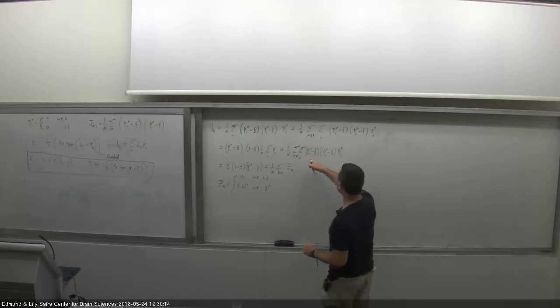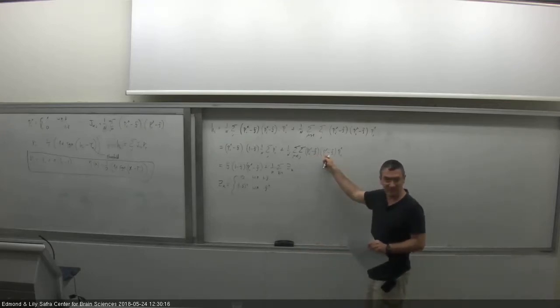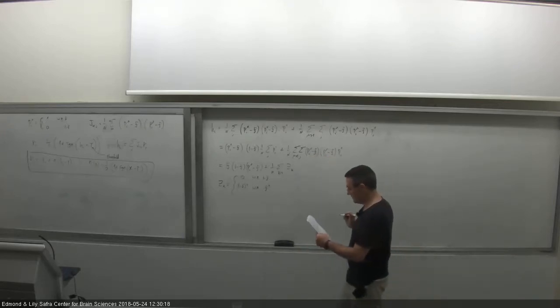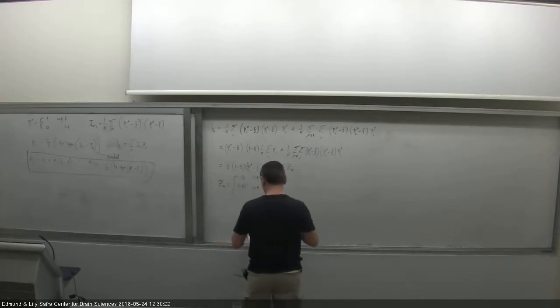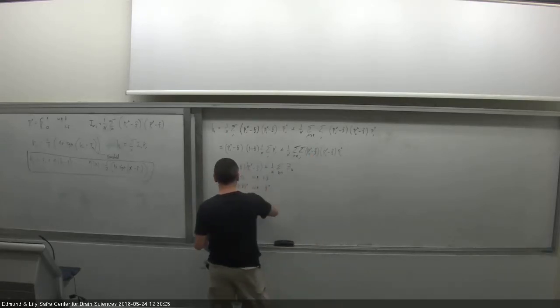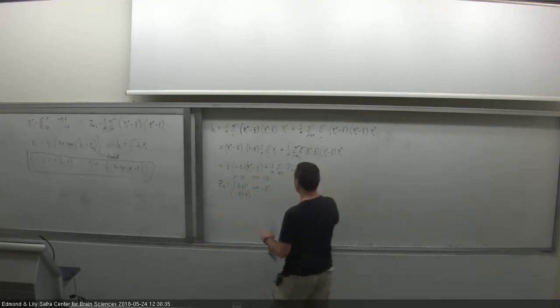Another possibility is that one of them is 1 and one of them is 0, and this one is 1. Then one will contribute minus f, and the other one will contribute 1 minus f. So here we will have minus f times 1 minus f, and what's the probability of this possibility?